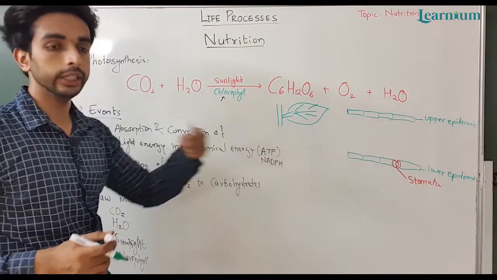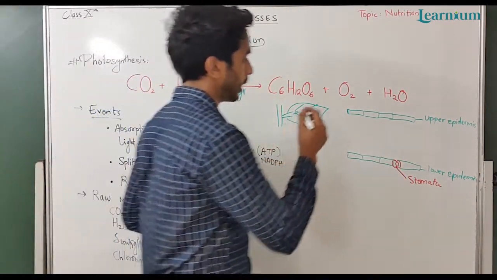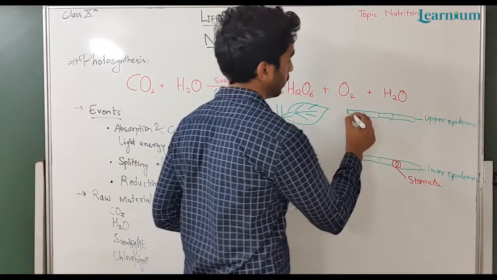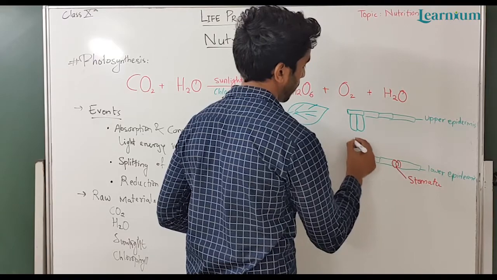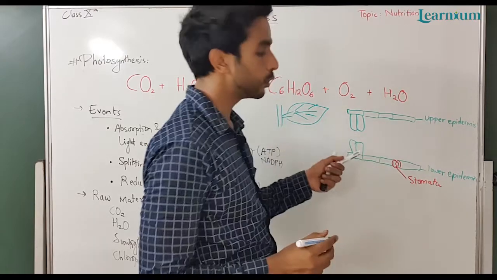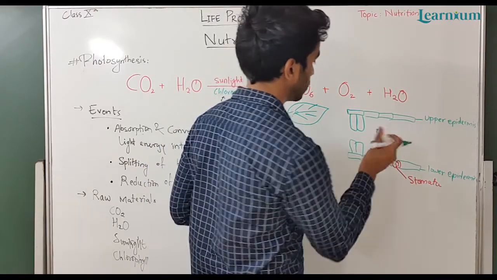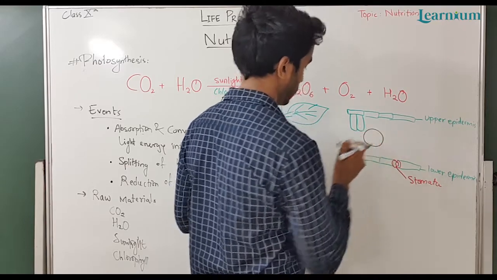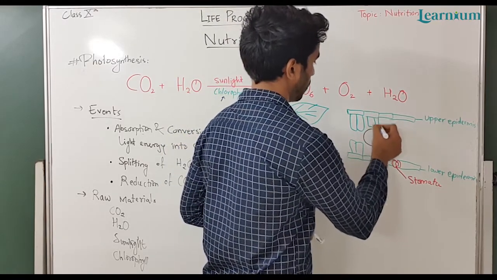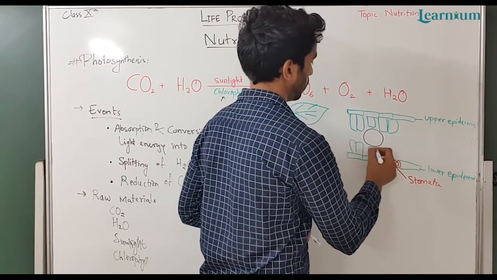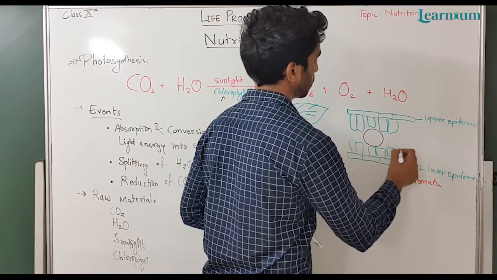This portion of the leaf has specialized cells known as palisade or mesophyll cells. Inside this, vascular bundles are there and some mesophyll cells are also there. So there are many layers, but I am drawing just one layer.